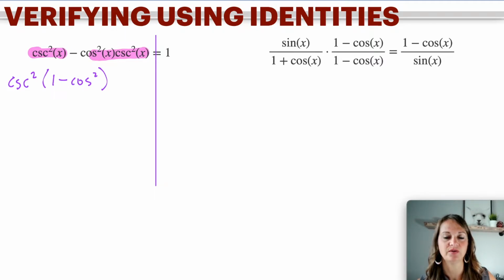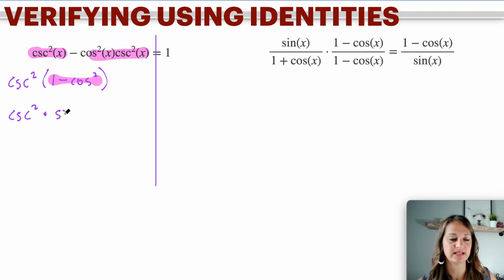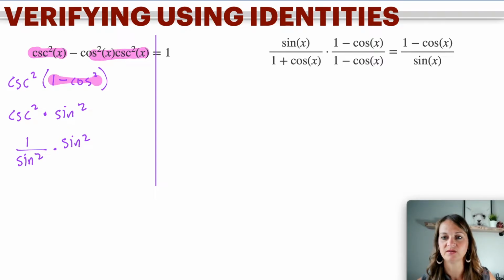Now, I also know that this is an identity. So 1 minus cosine squared is sine squared. Now, we know that cosecant squared is 1 over sine squared. And now we also have sine squared. And now, because one's in the denominator, one's in the numerator, we have now proven the right-hand side.